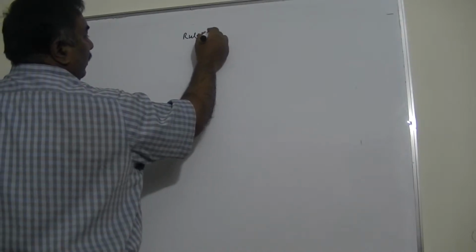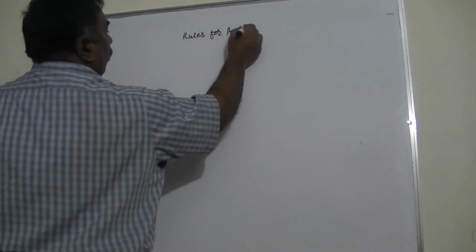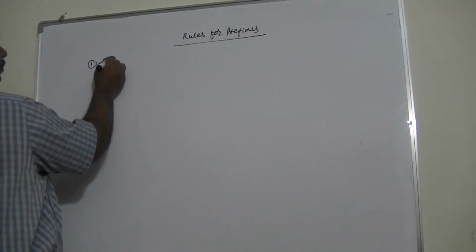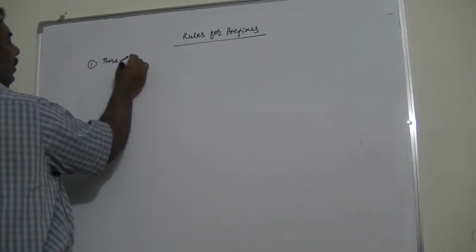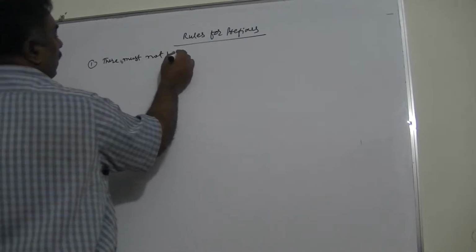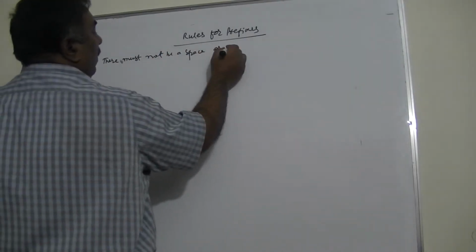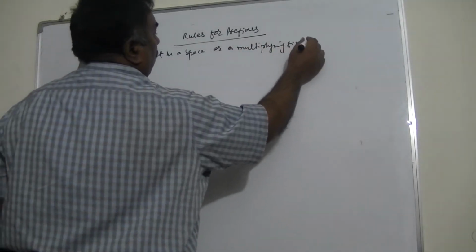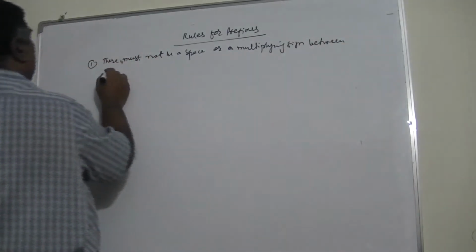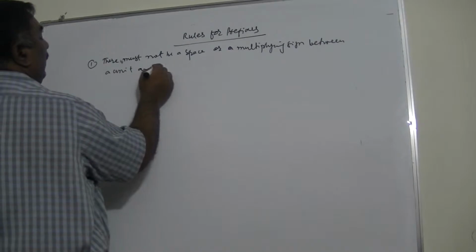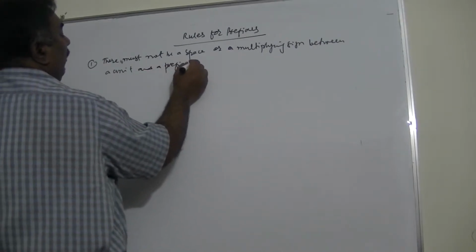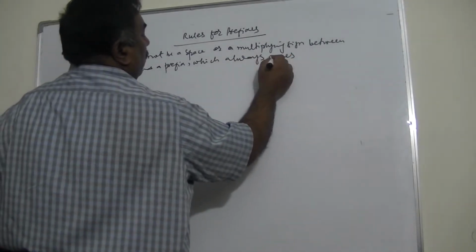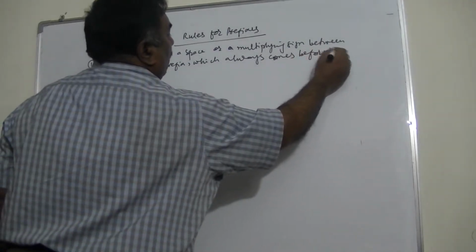Rule number 1 states that there must not be a space or a multiplying sign between a unit and a prefix, which always comes before the unit. So there must not be a gap.